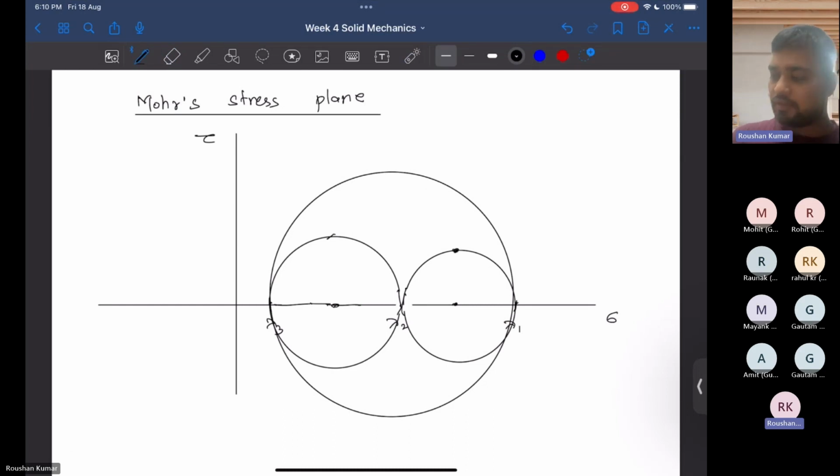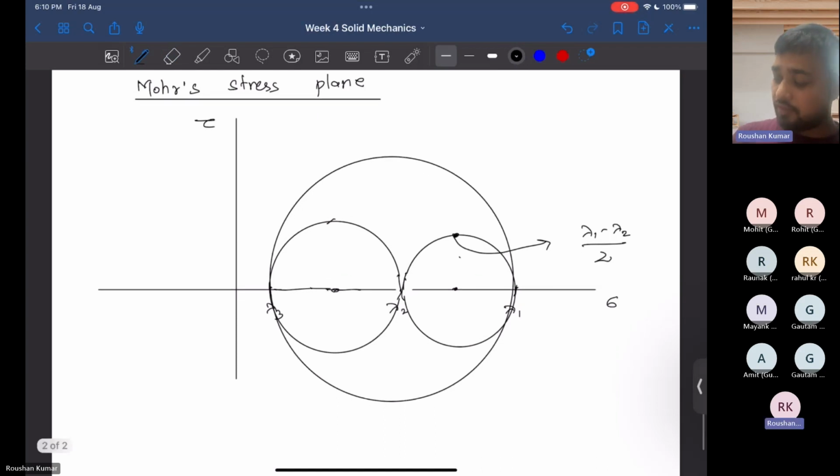So if we want the maximum shear stress on this plane, which is formed from the lambda 1 and lambda 2 principal stresses, we can find it using the formula (lambda 1 minus lambda 2) upon 2.